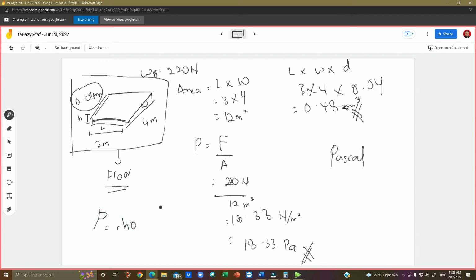When you see density, this is not P anymore. This is rho. Okay? The way to pronounce it is rho. This is P, pressure. But P for density being known as the name of rho.